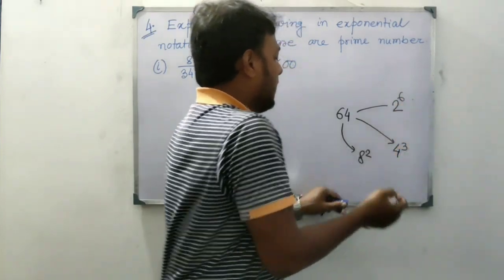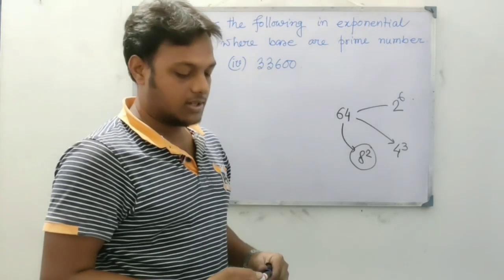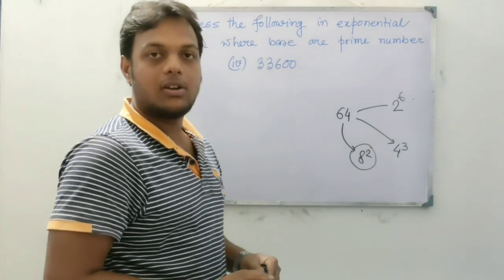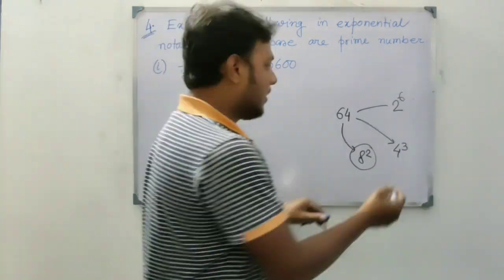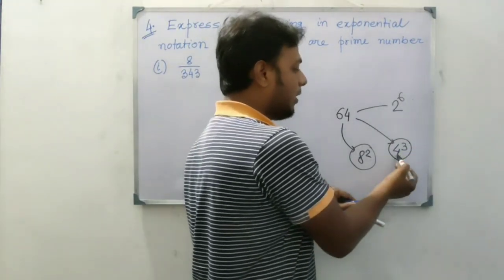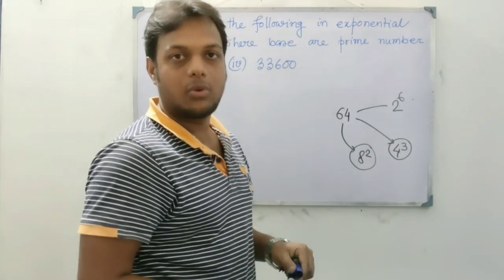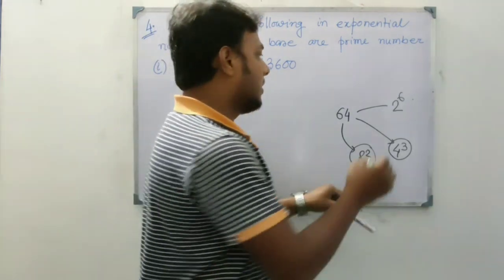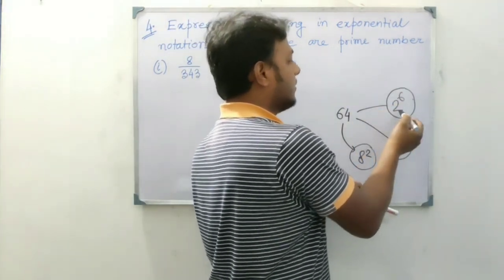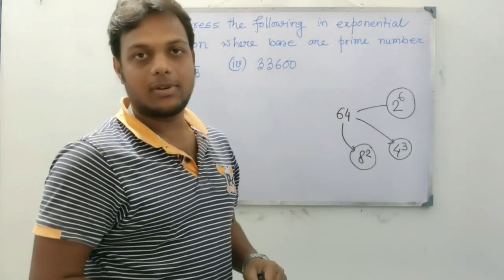Here the base is 8, which is not a prime number, since 8 can be divided by 2 and 4. 4 cube is also another exponent form, but here the base is 4 and it is not a prime number. Why? 4 can be divided by 2. This is another exponent form of 64 where the base is 2, and obviously 2 is a prime number.